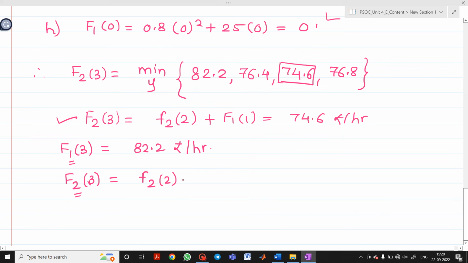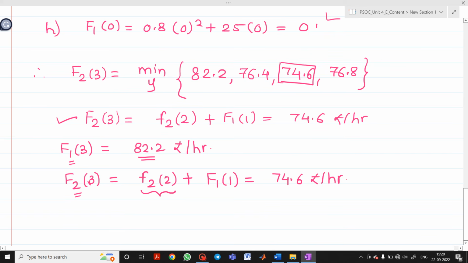F2 of 2 plus capital F1 of 1, and the total cost of generation of 3 megawatt by the combination of these two units is 74.6 rupees per hour. What you observe here? It is observed that only use of one unit for production of 3 megawatt takes the cost of generation 82.2. But here if we take a combination of two units, and out of which, now please remember the meaning of this.